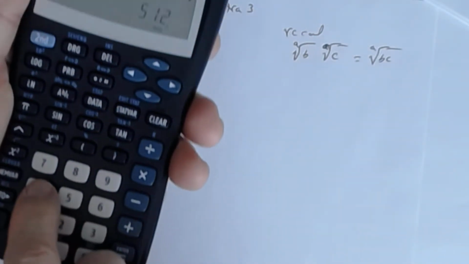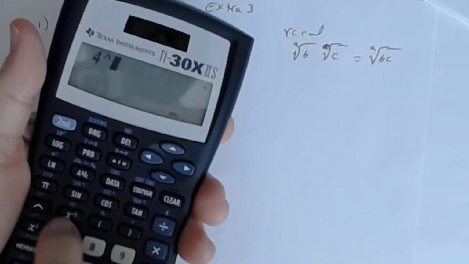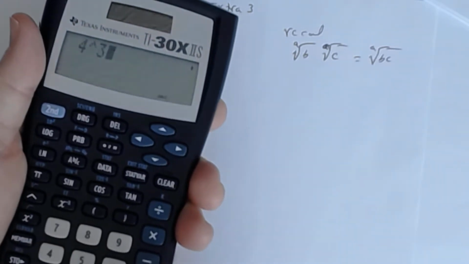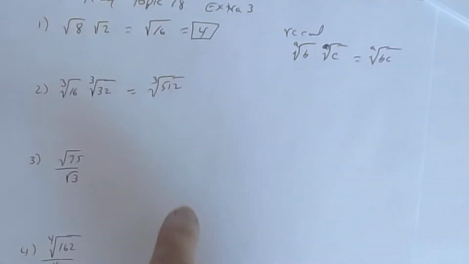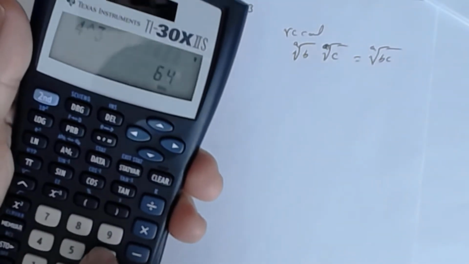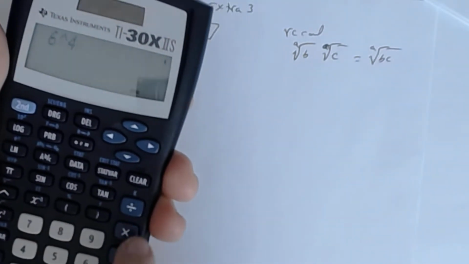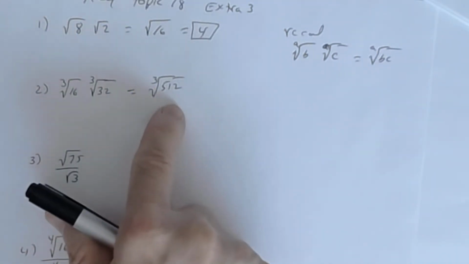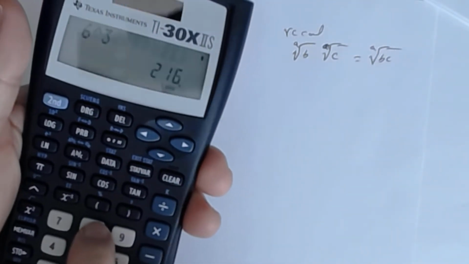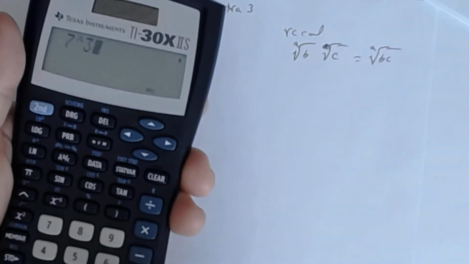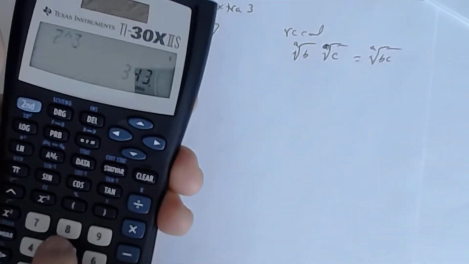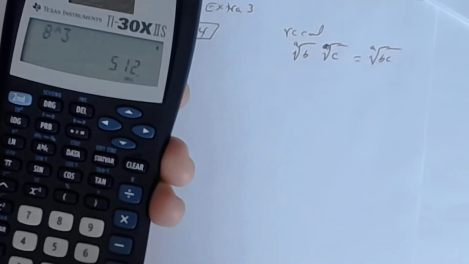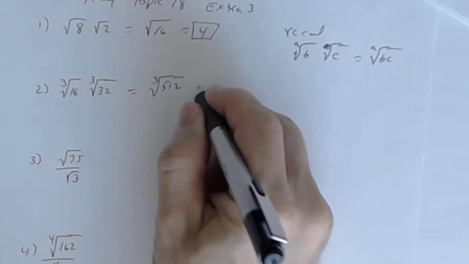Like 4 raised to the third power, 64. Obviously that doesn't work. So let's try 6. 6 raised to the third power is 216. I need 512. Let's try 7. 7 raised to the third power is 343. 8 raised to the third power is 512. So the answer is 8.